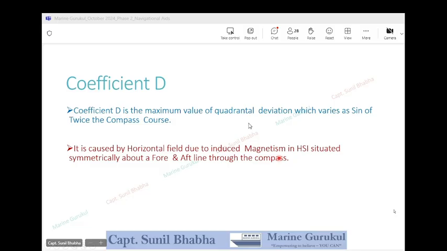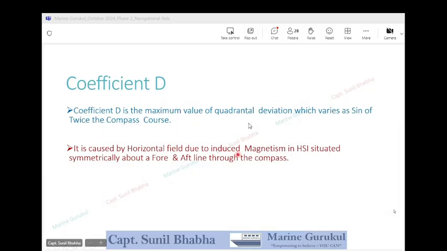We have seen induced magnetism was responsible for coefficient A also, but in that case, it was not symmetrical soft iron. It was unsymmetrical soft iron. If it was present forward of the compass, it was not present aft. If it was present on port side of the compass, it was absent on the starboard side.